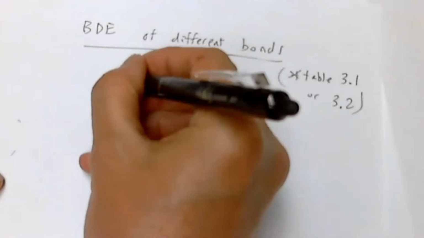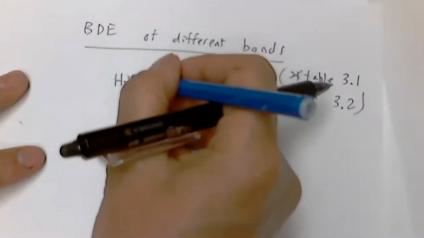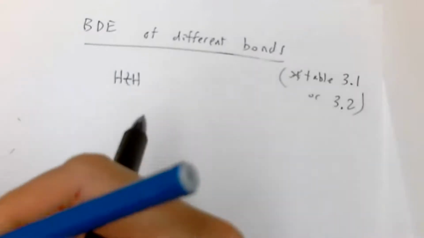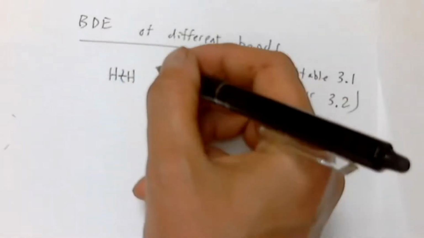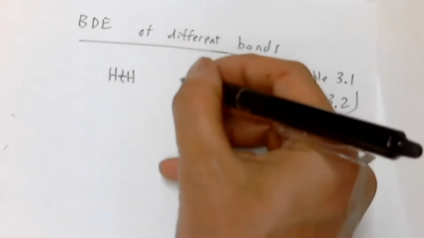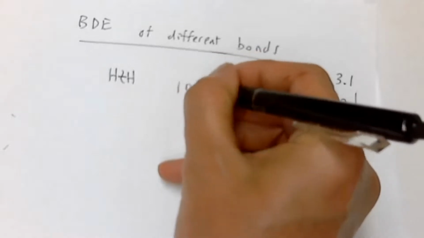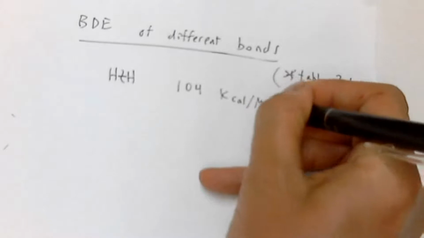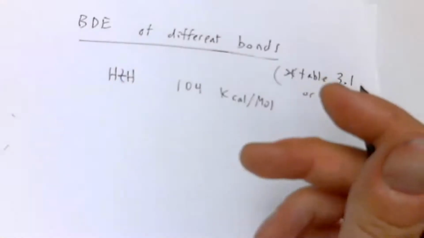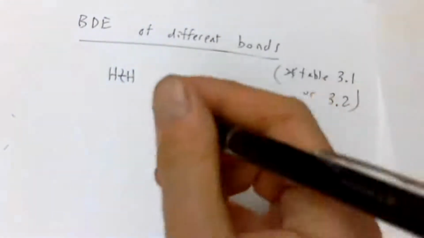It's the bond between H and H, and I used my little blue marker to show that's the bond we're cleaving. And what's the BDE? We just said it's 104 kilocalories per mole. What about methane?